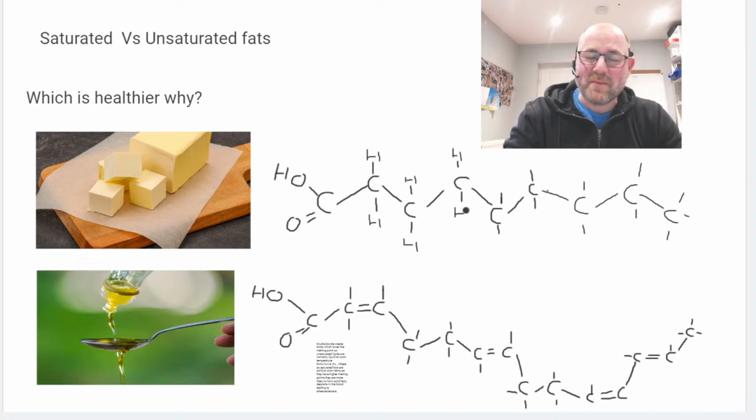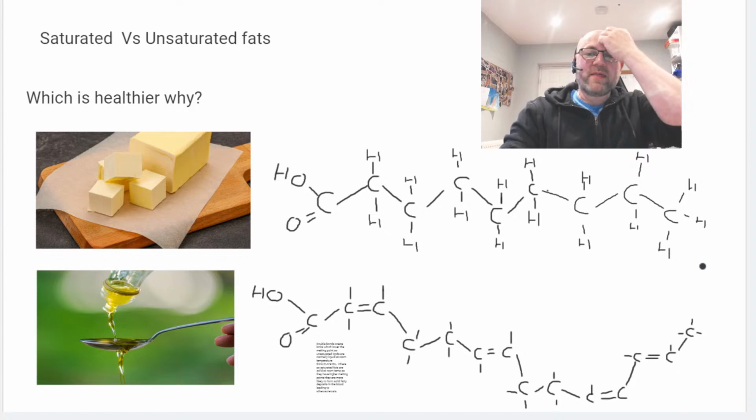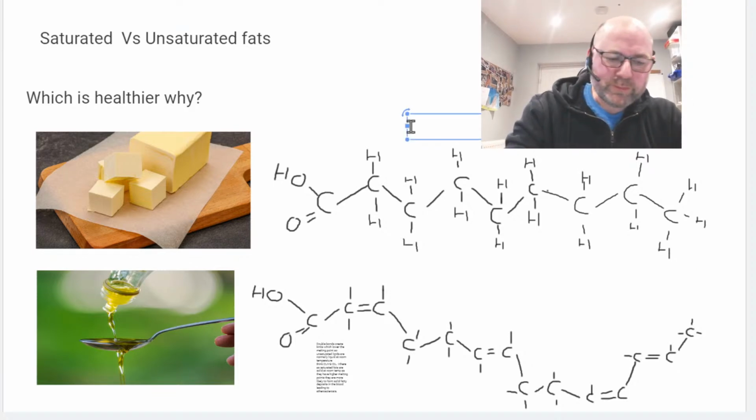Back in my day, it's about 30 years since I took my A-levels, you didn't have to include the hydrogens when you did the displayed formula in your exams. They just said, yeah, the student knows that hydrogen is on the end of each of these. So that is a saturated fat, and it has no double bonds.